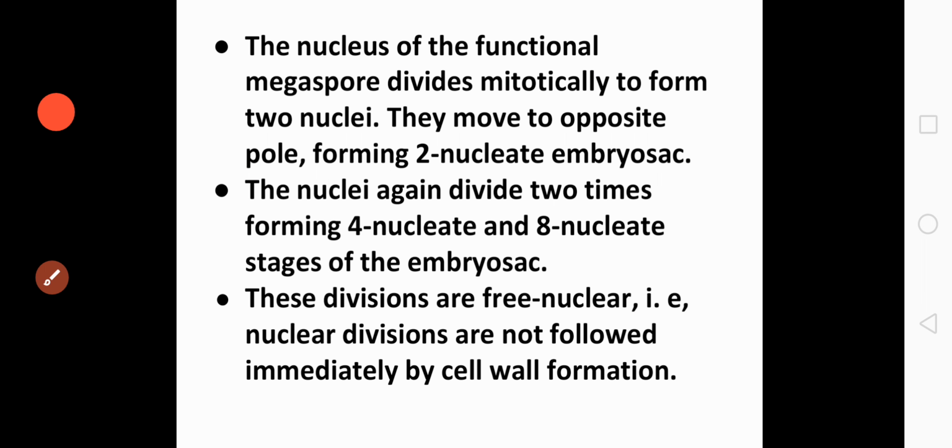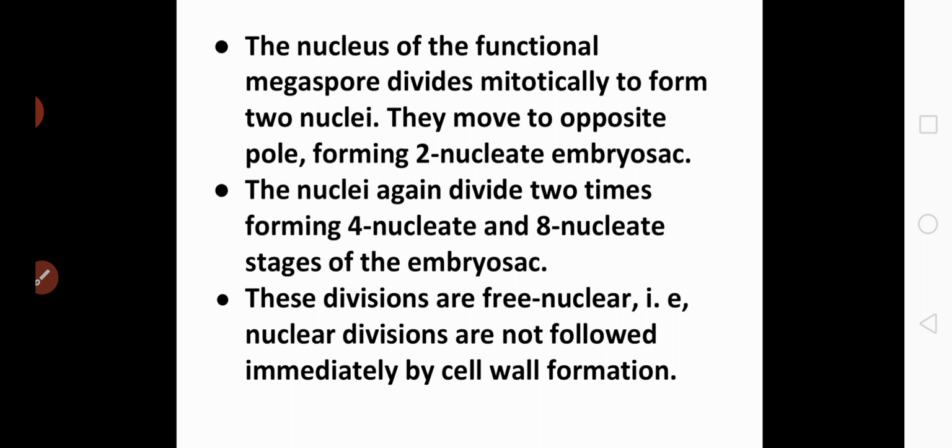The nucleus of the functional megaspore divides mitotically to form 2 nuclei. They move to the opposite poles, forming a 2 nucleate embryo sac. Later, the nuclei again divide 2 times, forming 4 nucleate and 8 nucleate stages of the embryo sac.